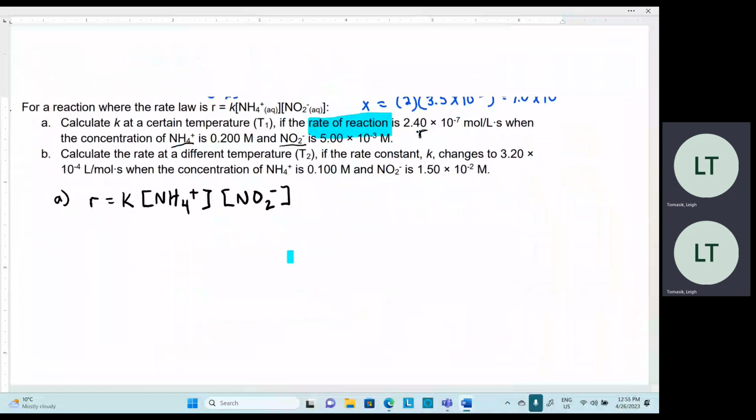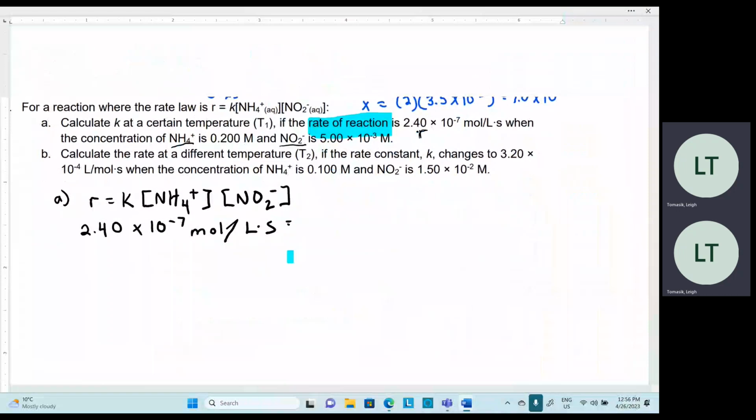The order of reaction for NO2 minus is 1. They're giving us basically all of the numbers except for K. So the rate of reaction is 2.4 times 10 to the negative 7 moles per liter second.